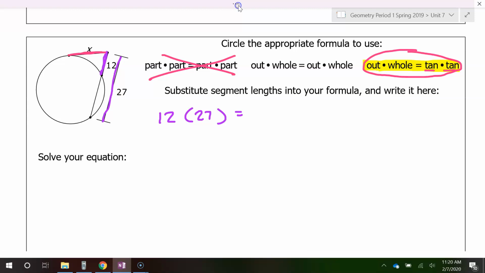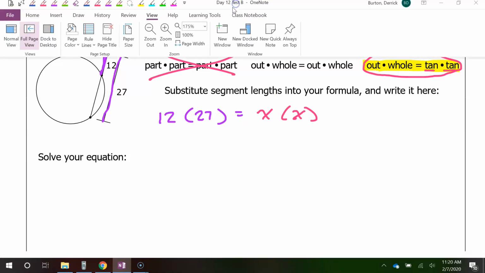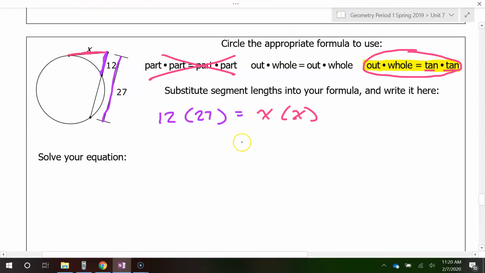Now, that leaves the tangent segment. And remember, the tangent segment is the outside and the whole. So we're going to wind up doing the x twice. All right, tangent times tangent, x times x. So of course we know that x times x is x squared. So that's what you're going to get.